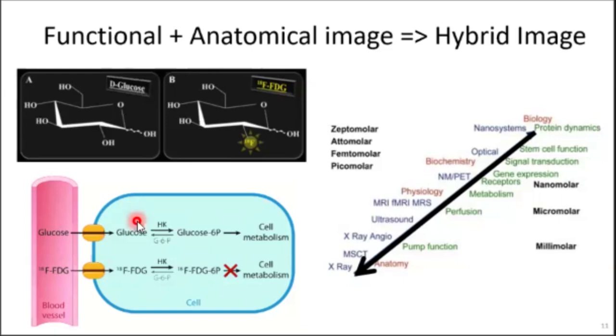Tumor cells, due to their high glucose metabolism, trap more 18F-FDG in comparison to the normal cells. This accumulation of FDG allows it to be visualized on a PET CT image.